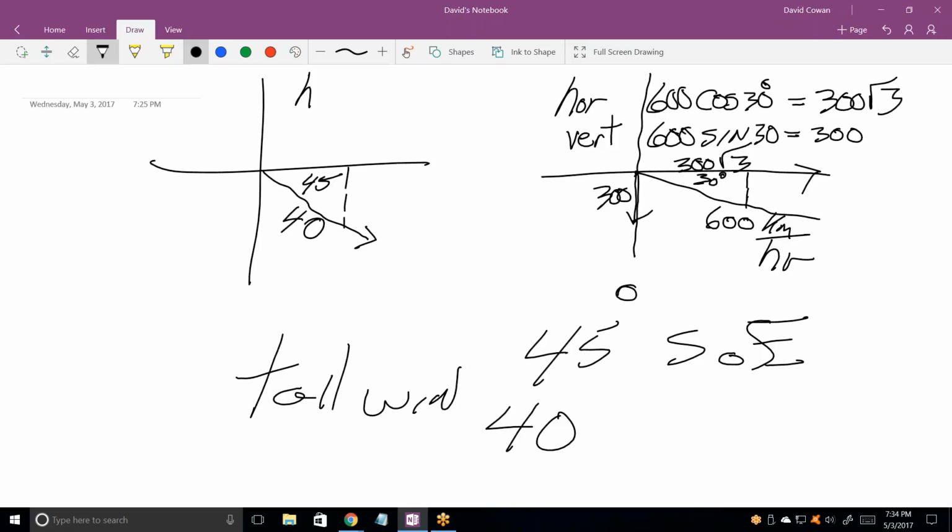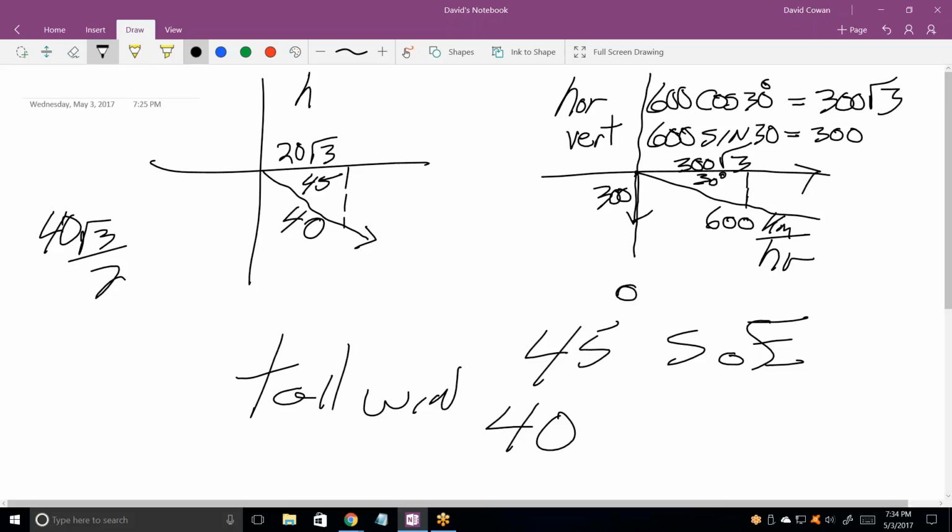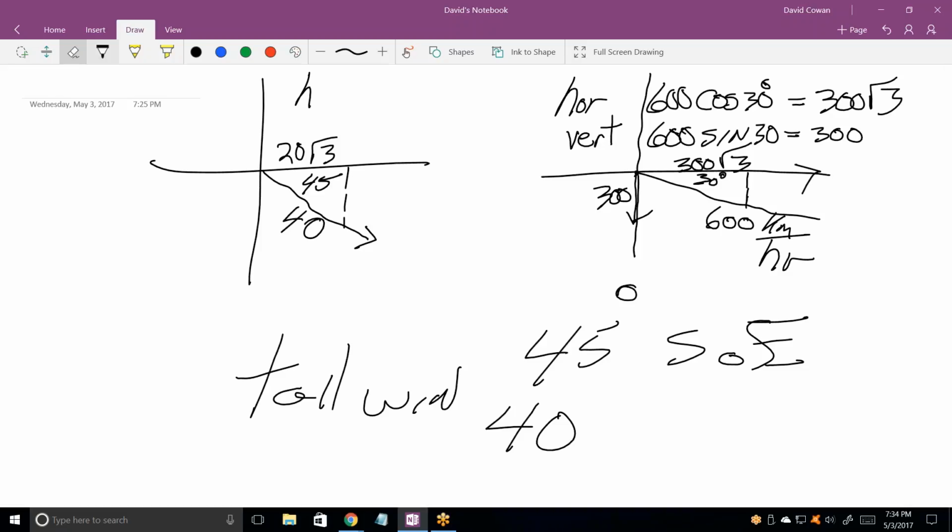I think it's 20 root 2. 20 root 2. No, you're right. Let's see. Cosine of 30 is root 3 over 2 times 40. Yeah, it's just 20 root 3. Oh, okay. Right. Cosine. It's 45 degrees though. Right. So I know that it's the same vertical component.